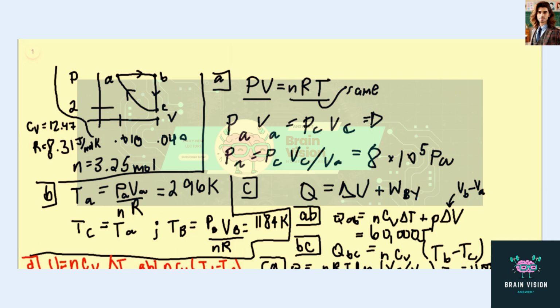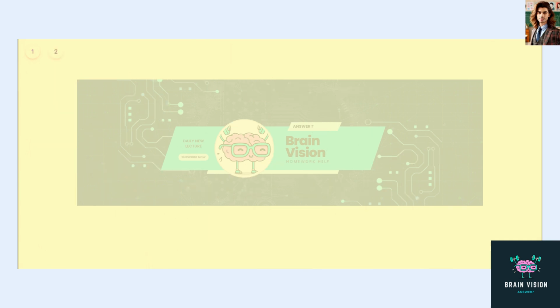Actually highly regretting doing all this on one board. I'm just going to rewind this and do it on a separate board. Okay, and I can write nice and big now.